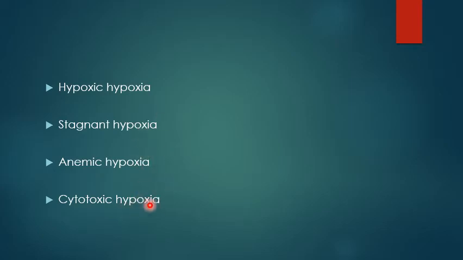Sepsis, initially it is cytotoxic hypoxia. When there is ARDS, hypoxic hypoxia also happens. When there is myocardial dysfunction, stagnant hypoxia also happens. Okay, so that's why sepsis is bad. And what about hemorrhage, any trauma or hemorrhage? In hemorrhage, there is acute anemia leading to anemic hypoxia, as well as hypotension leading to stagnant hypoxia. That's why in hemorrhagic shock, the hypoxia develops very rapidly, and it is of a higher magnitude.